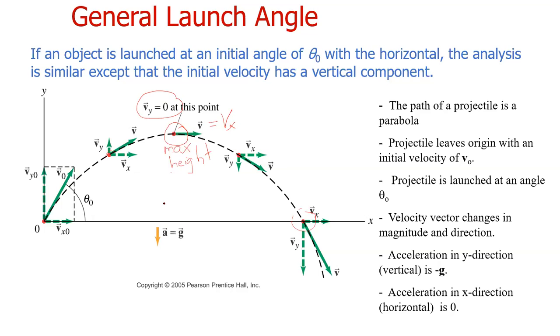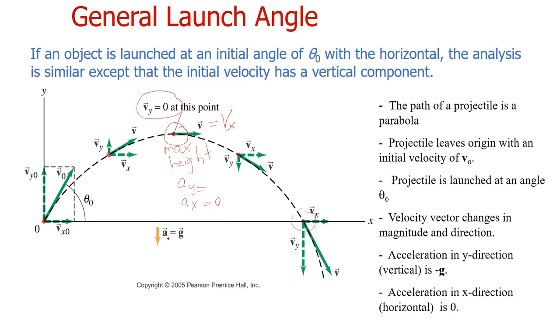What else do you know? No matter what, either here, at the maximum point, or here, your acceleration in the y direction is always vertically down. Acceleration in the x direction, at any point, is 0.